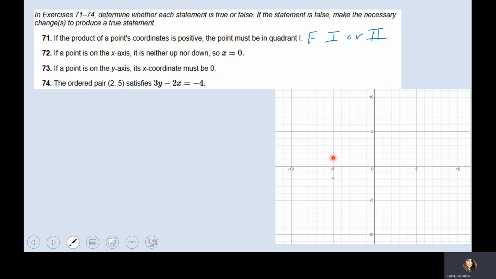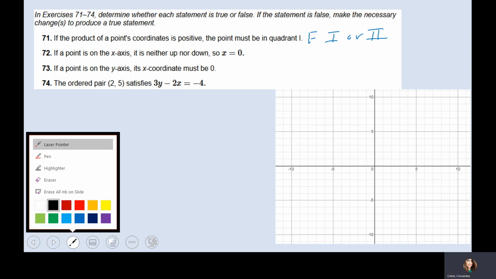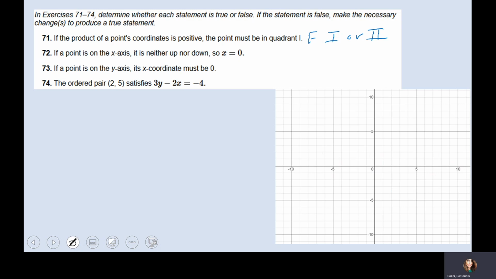If I'm on the x-axis, let's say here at 5 or at -5, your value of x is -5. The value that is 0 is actually your y coordinate, because in relation to the x-axis, it would be 0. So number 72 is false, and that y would be 0.